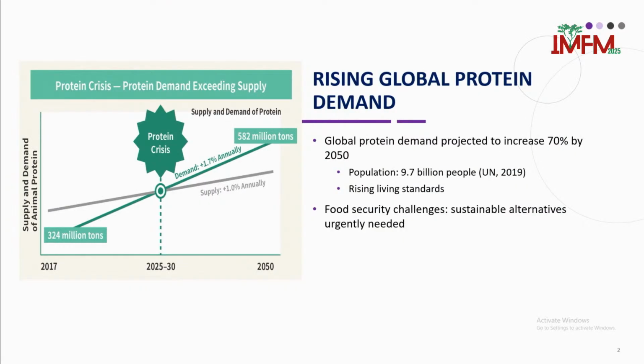Why protein? There is actually a high demand on protein. Why? Because there is a growth in the global population, and this growth in population will require food. And the main element of food is protein. So a high increase in population will cause high demand on protein.